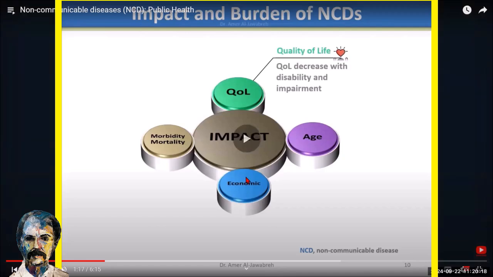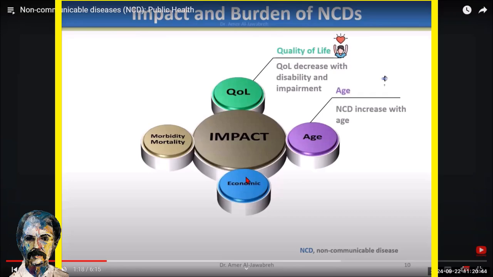Then age. What is the relation? As we age, NCDs come closer to us, because our system, our DNA, our genome, is not like when we are young. The mutation rate will increase, and your systems don't function properly.